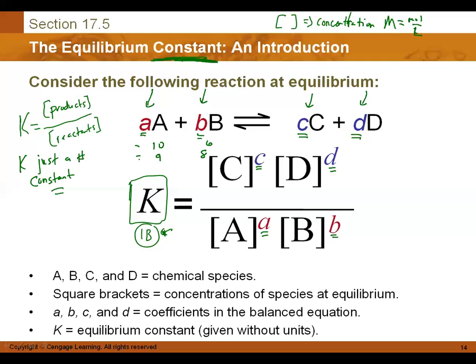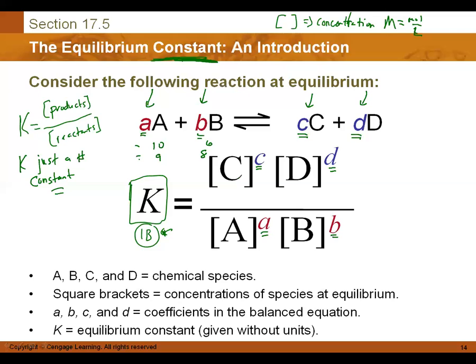So what happens when this reaction reaches equilibrium is when it reaches that point where the rate of the forward reaction equals the rate of the reverse reaction, the proportion, if you will, the ratio of products to reactants will typically always be the same number, which is why it's a constant.